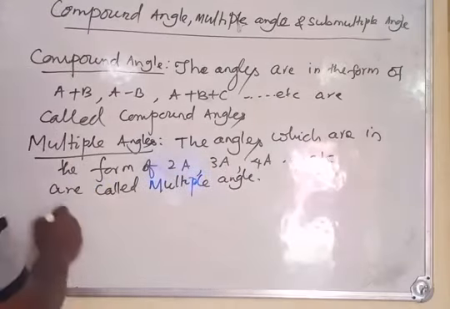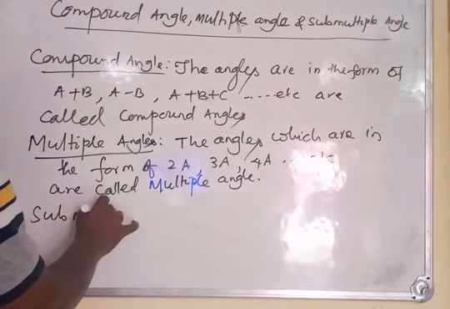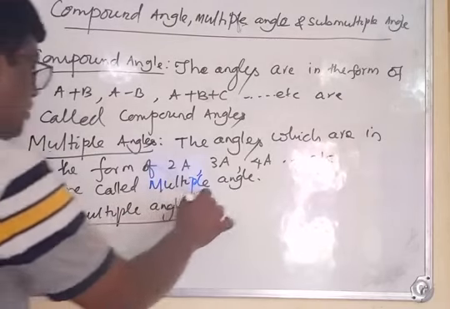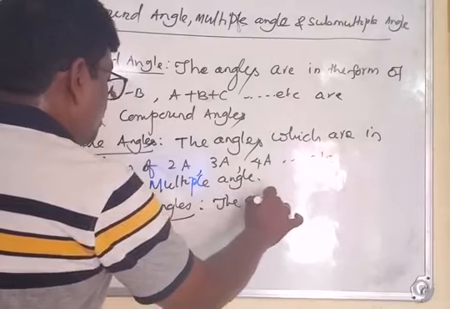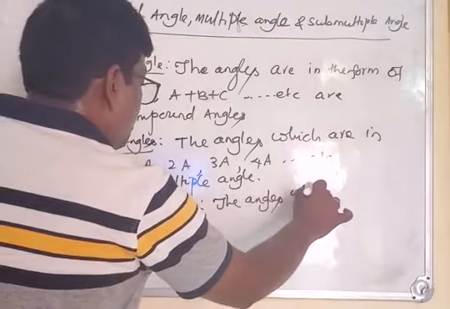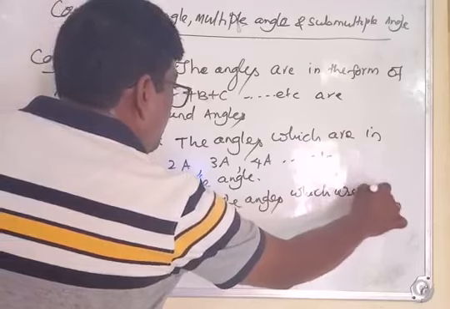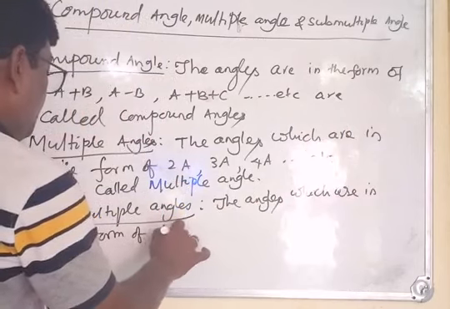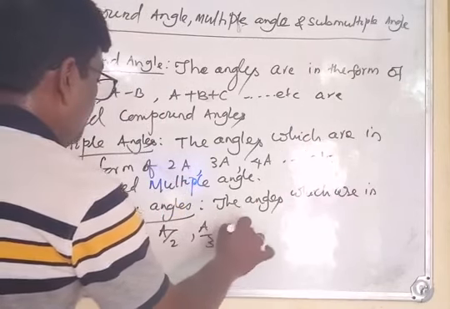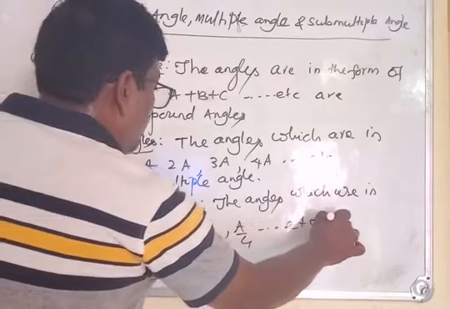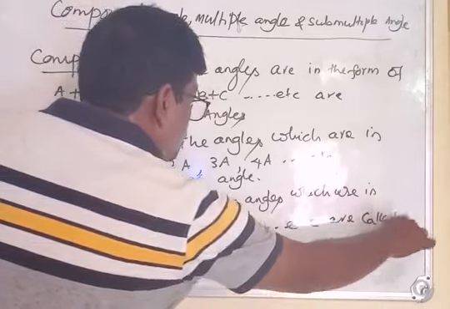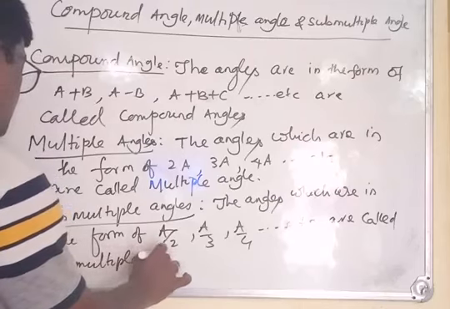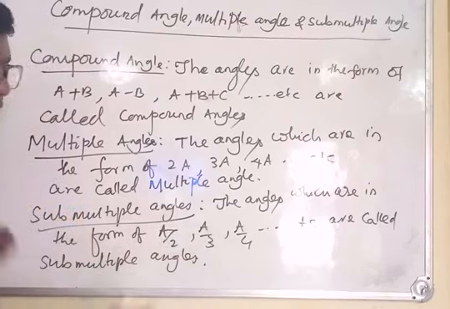What is submultiple angle? The angles which are in the form of a by 2, a by 3, a by 4, etc. are called submultiple angles. Clear?